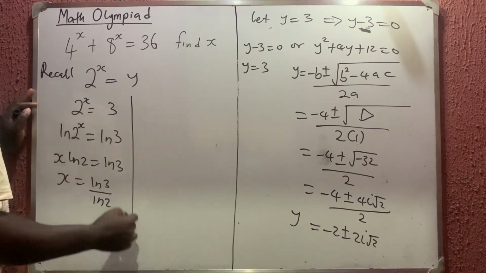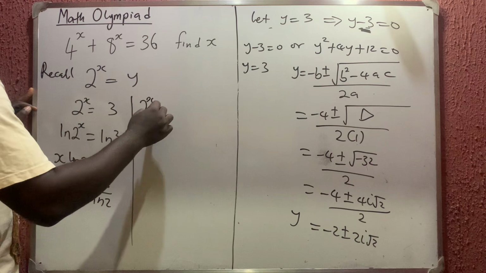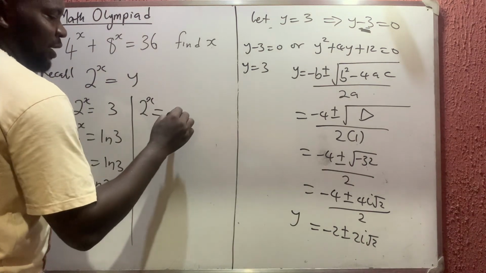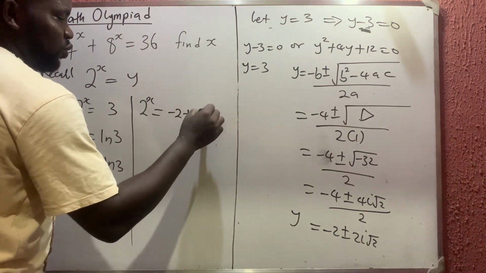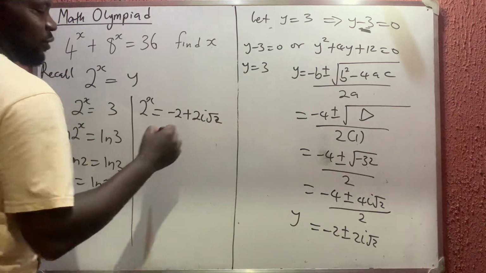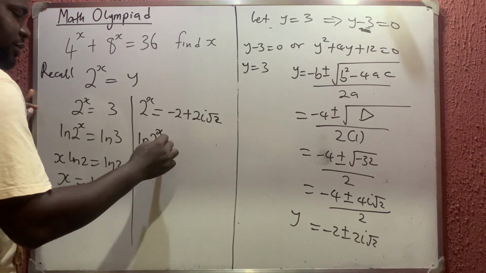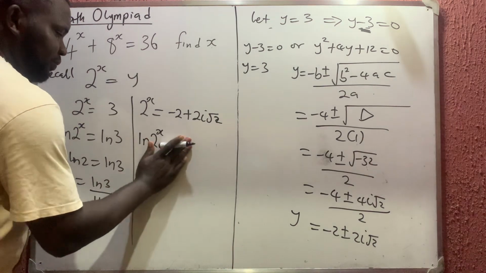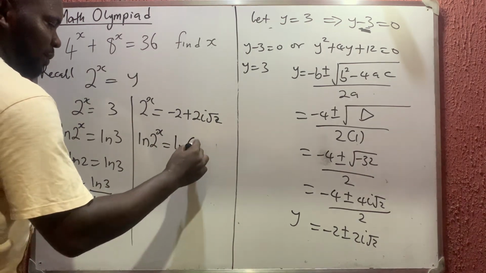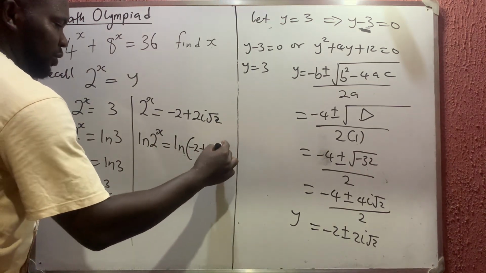Then for the complex solution, we can say that 2 raised to power x is equal to, we take the first one, minus 2 plus 2i root 2. Okay, if I take the log of both sides again, we can say ln of 2 raised to power x is equal to ln of minus 2 plus 2i root 2.